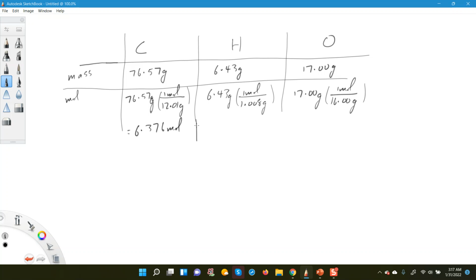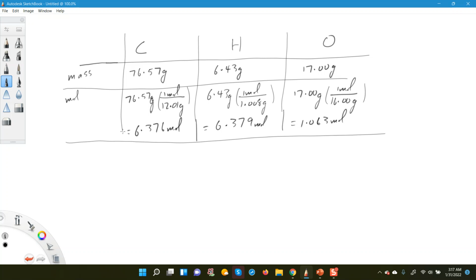And then we do the same thing for the hydrogen, 6.43 divided by 1.008. And according to my calculations, this will be equal to 6.379 moles. And then in the case of oxygen, 17 divided by 16, and that is equal to 1.063 moles. All right? So that's how we do that part.